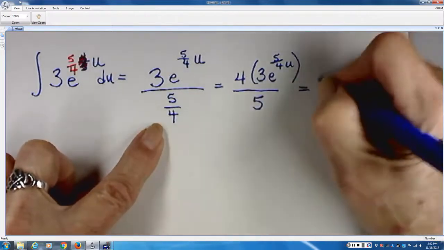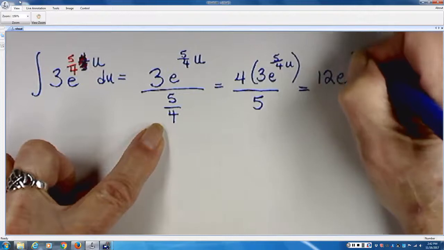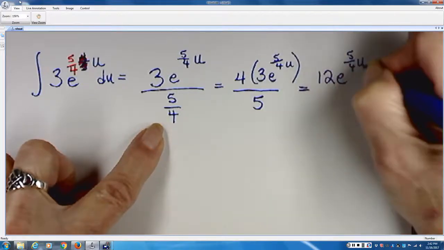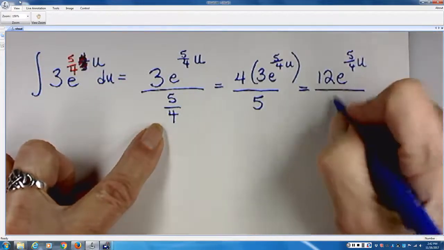And then 4 times 3 is going to be 12e to the 5 over 4 u over 5.